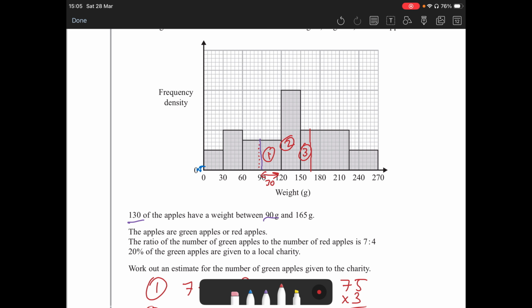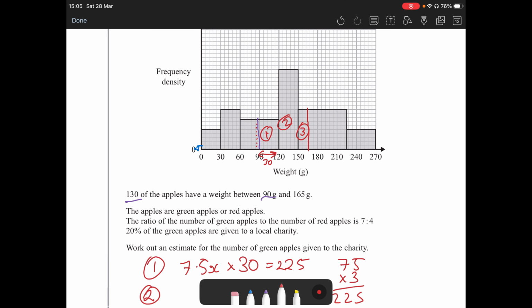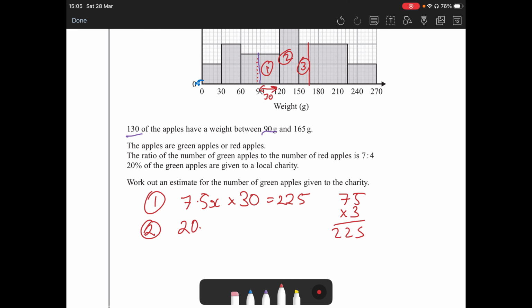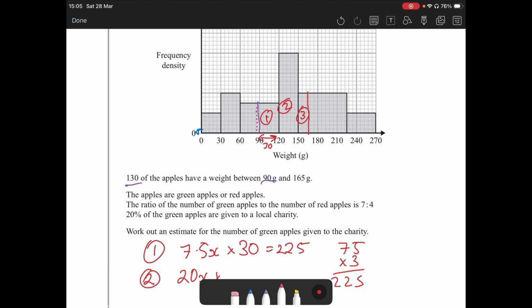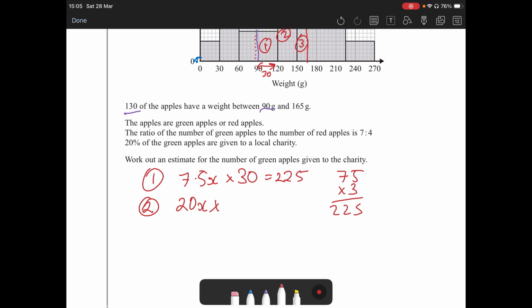All right, rectangle 2 is a little bit easier. So we've got 5, 10, 15, 20x is the height. And we need to multiply that by 30 as well. This one's a little bit easier: 600x.